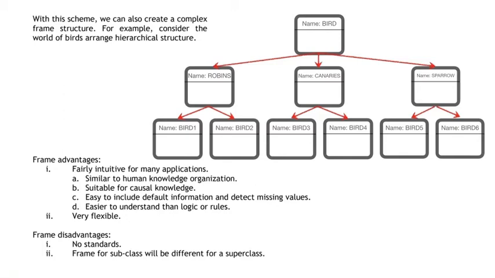We can see what caused what by looking at the inheritance of the knowledge. It is easy to include default information by having it in the class frame and passing it to the instance frame. And we can also detect missing values on the fly. It is easier to understand than logic or rules because it is represented in a graphical form, and it is very flexible.